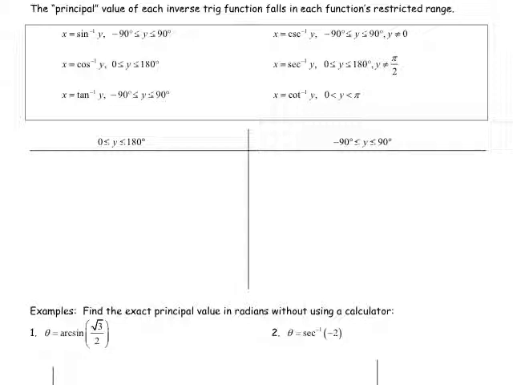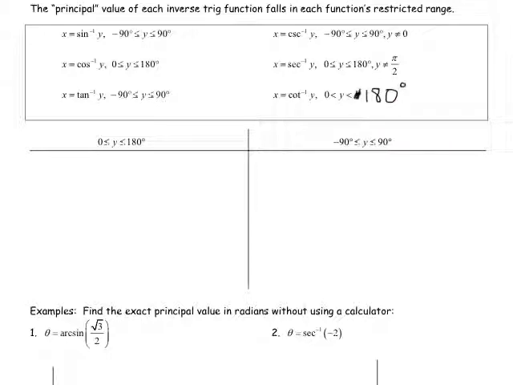So let's list out all the ones that are from 0 to 180. All the ones from 0 to 180 are cosine inverse, secant inverse, and, oh, I'm sorry, that pi, we're talking about degrees here. This pi should say 180. I missed one, cotangent inverse.